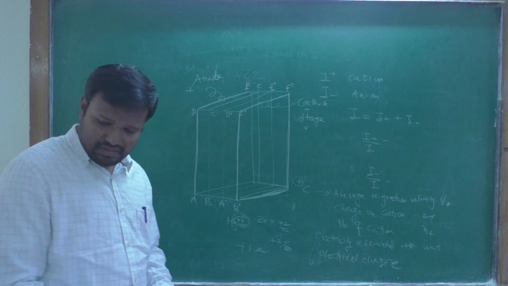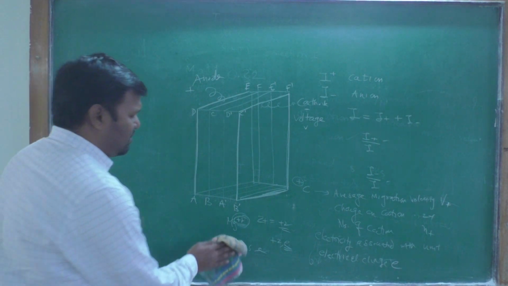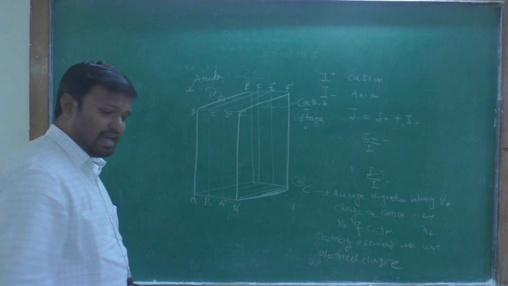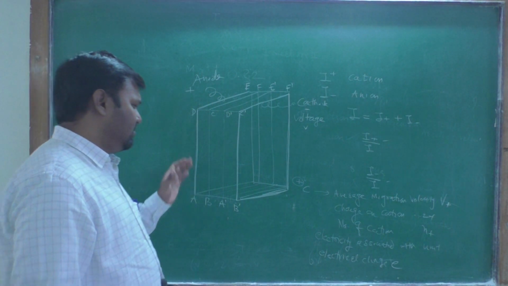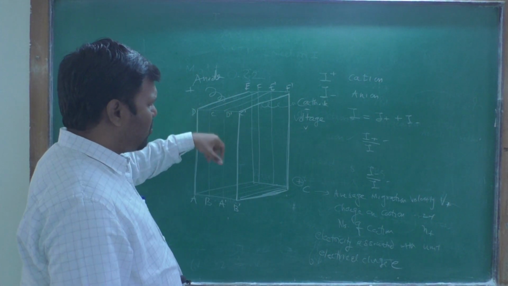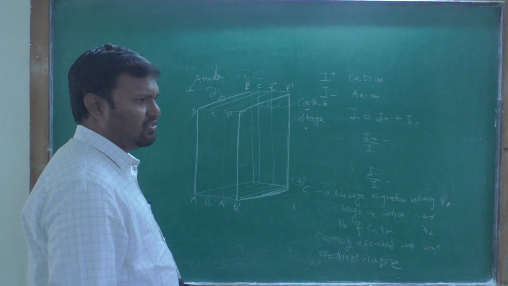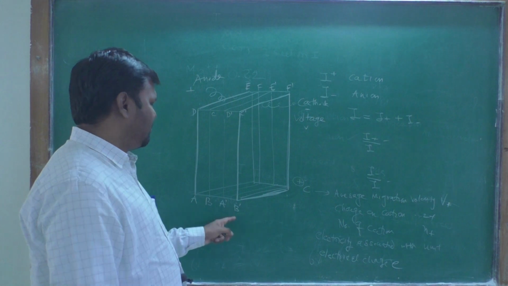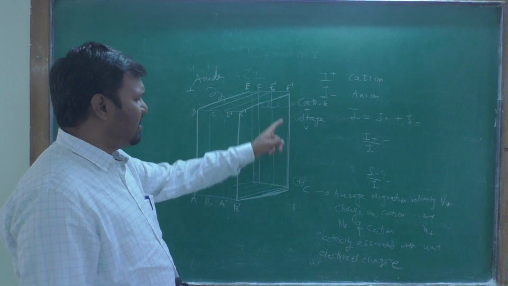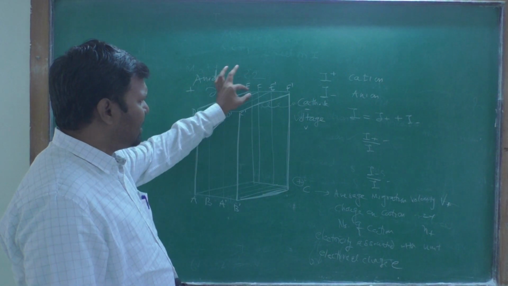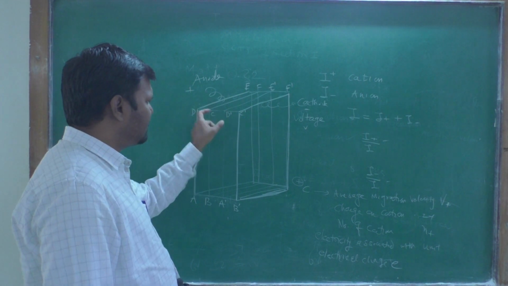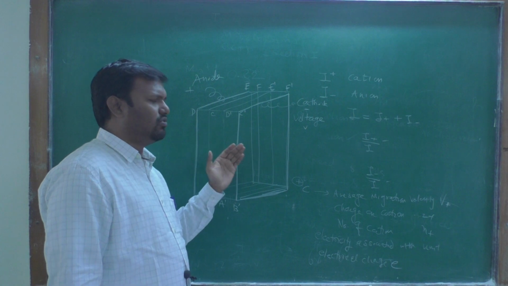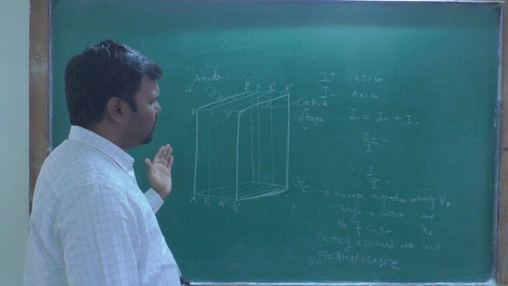Now if you see the current, the electrolyte is placed inside this cell, A, B dash, C dash, E, F dash. In between this slice, the positive charge will migrate to the cathode and the negative charge will migrate to the anode.